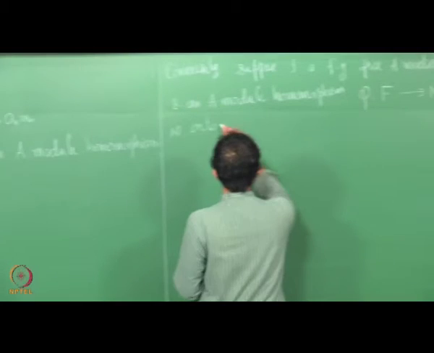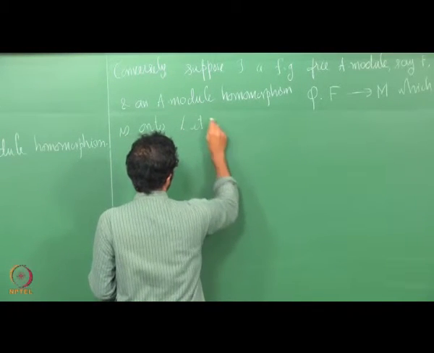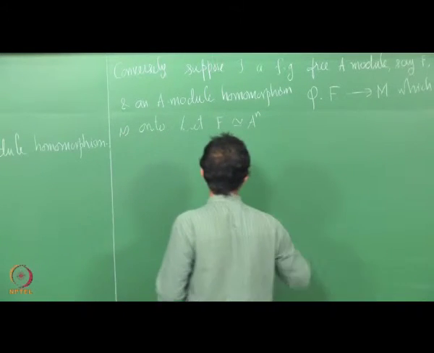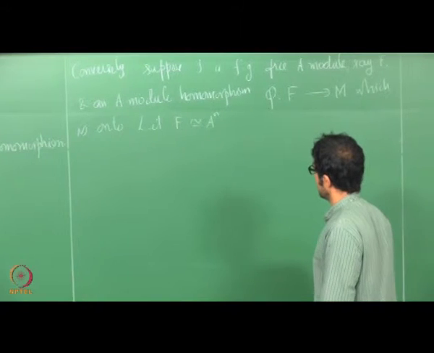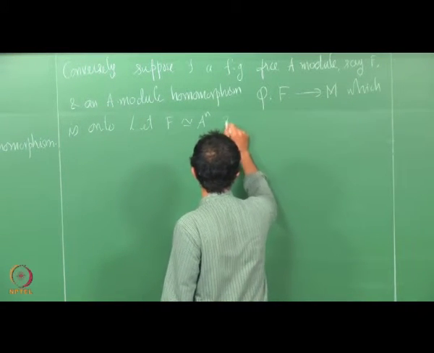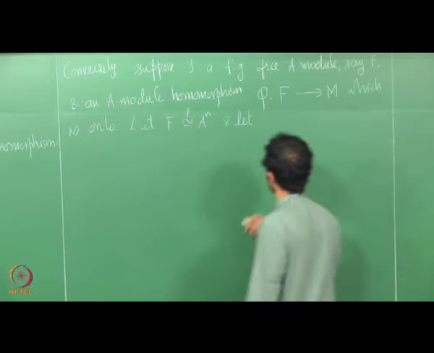So let F be isomorphic to A power n, okay, and this is isomorphic via psi.